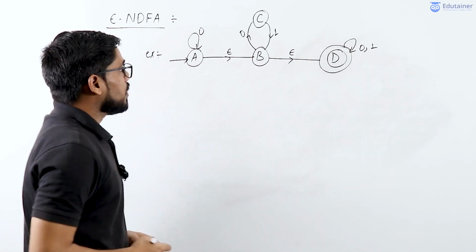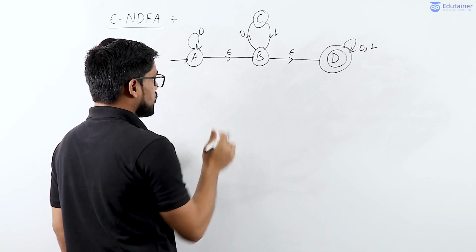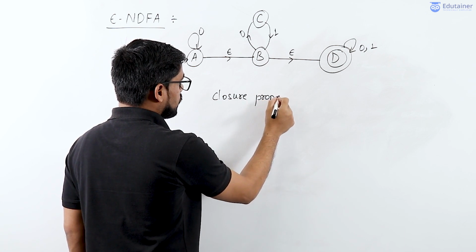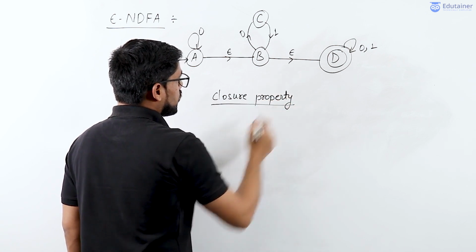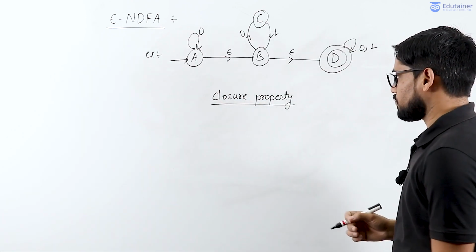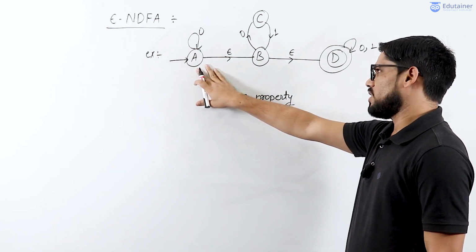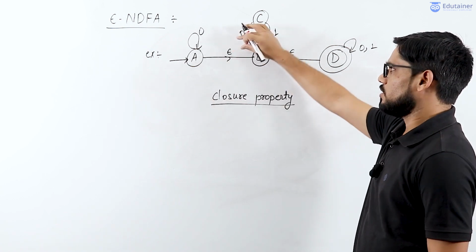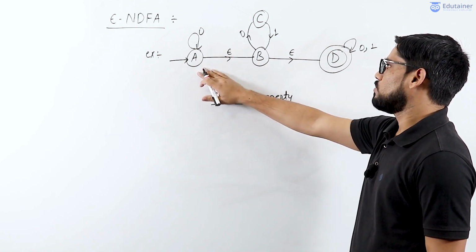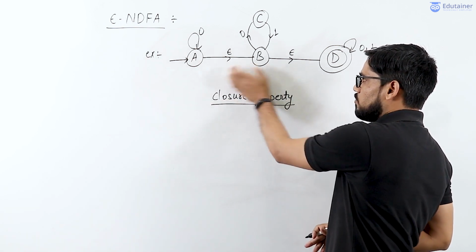Here one special property called the epsilon closure property is used to convert every epsilon NDFA into NDFA. So what is the closure property? If you are present at some state, let's say A, how many states will you reach by reading just epsilon?